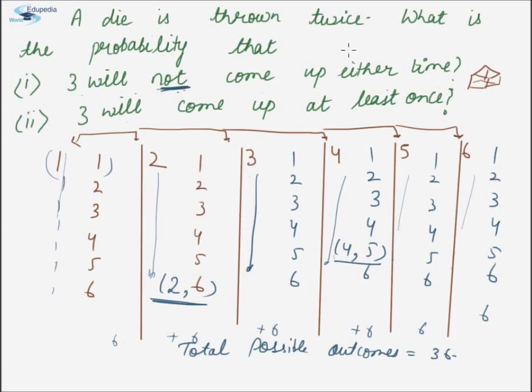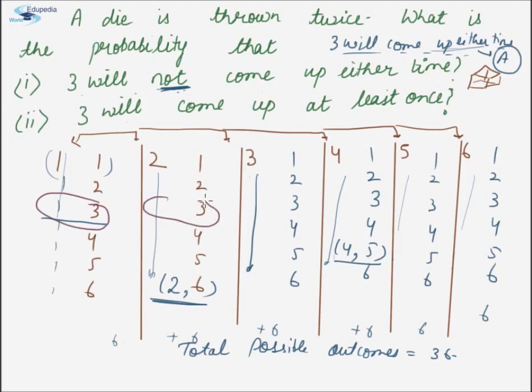So let us denote the event that 3 will come up either time by say A. So favorable outcomes to this event will be this value, this value, and all these values, because 3 is coming up as the first position on the first row in all these values.